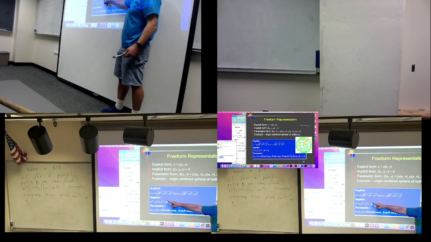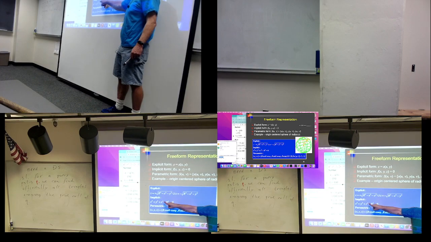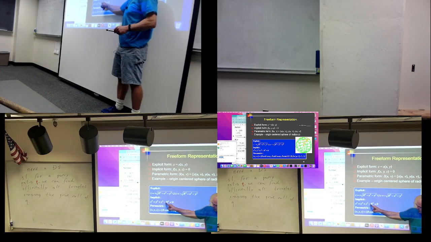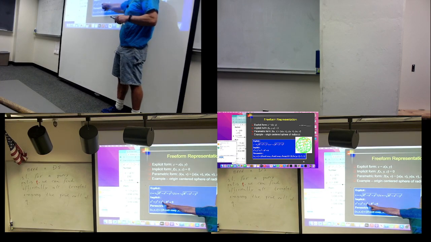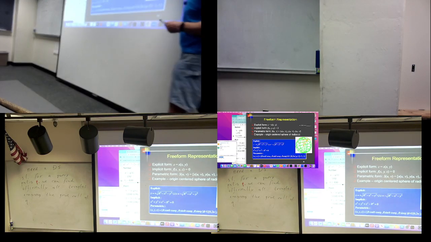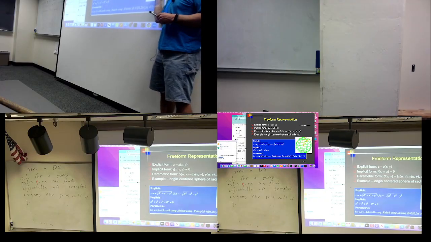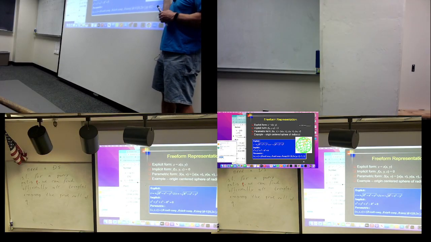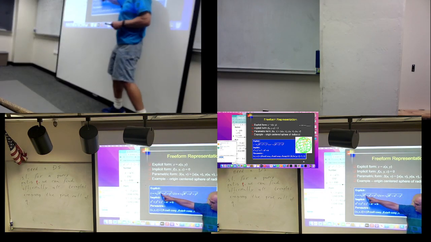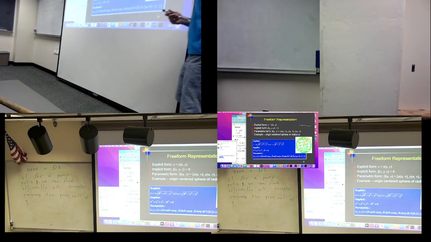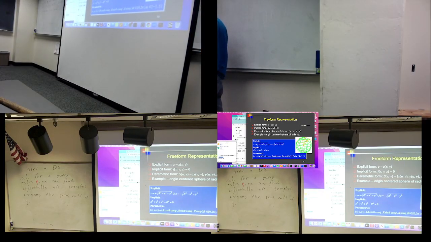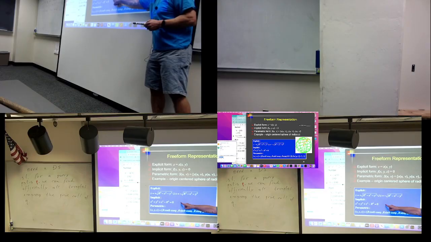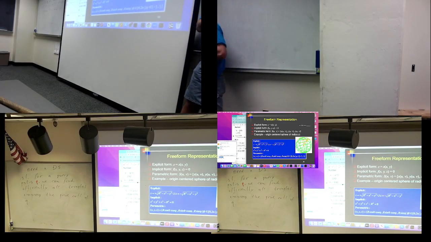R squared is some constant, and what did I draw? I draw a sphere of radius r. All the points x, y, z that satisfy it all lie on a sphere. Why is this more convenient than writing it as a function, z equal to this creature? Because a function just gives for every x, y, just one value of z. That's one parameter, and as we'll see, that's one reason that we sometimes prefer implicit representation.